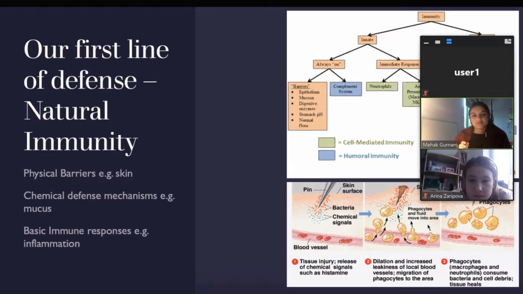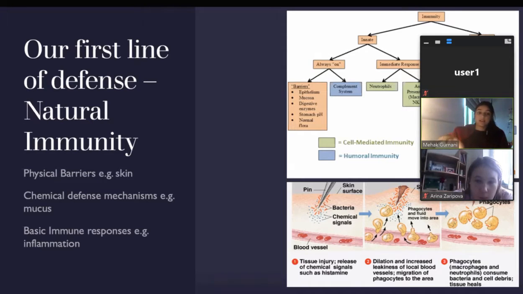So these are certain physical barriers, or even chemical barriers, like your mucus, which traps bacteria and pathogens, and then it's expelled by your body, which is a natural mechanism and it's always on.